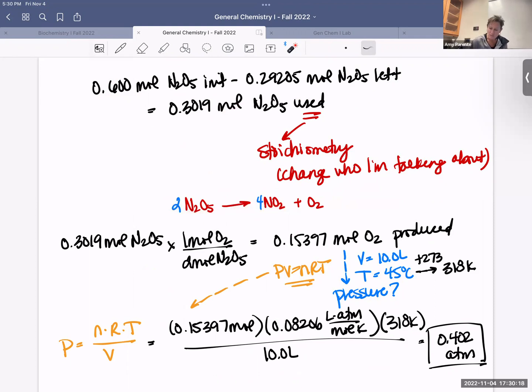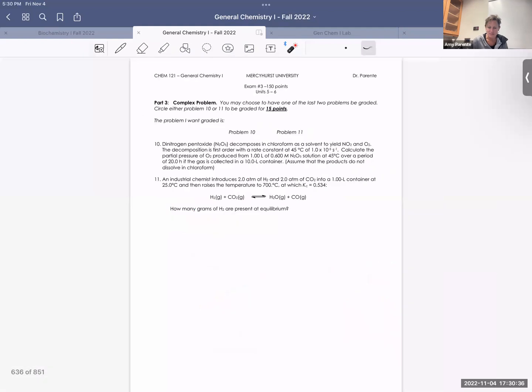And then the last little piece is bringing in a skill from before. It's like, hey, PV equals nRT. That's going to allow us to figure out the partial pressure. It's kind of hard to believe that that's all contained in a 10-liter flask. Yep. All right. Last problem.